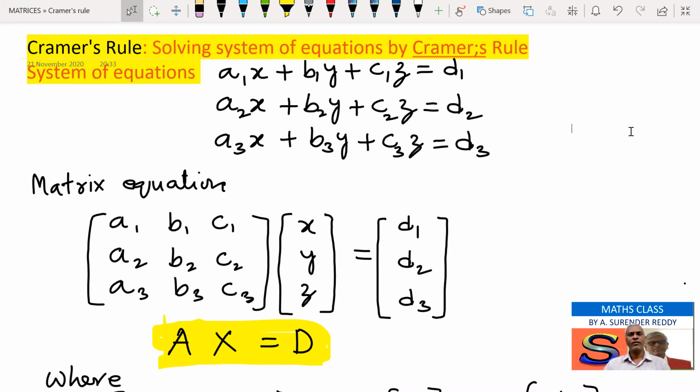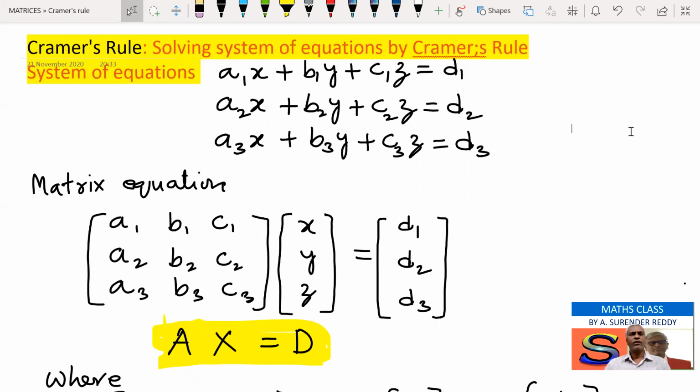In intermediate, we have three matrix methods to solve simultaneous equations in three variables, and one of them is Cramer's rule.